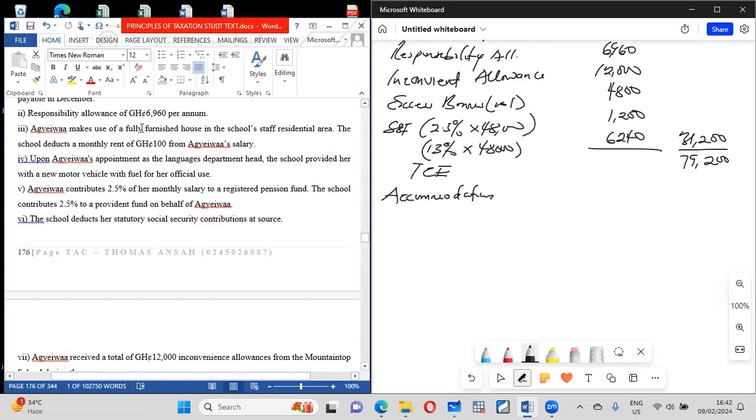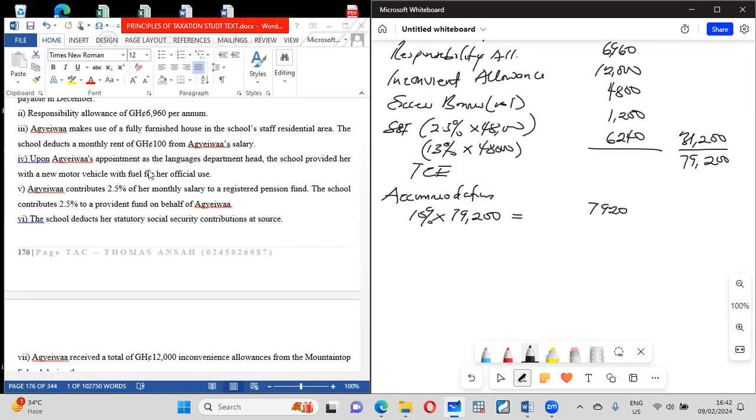Fully furnished bungalow, what is the rate? Your guess is as good as mine. It's 10% of the total cash emolument. So you see, in these exams, you have to be very, very careful, because if you get this wrong, everything you'll be doing as well will be wrong. So this gives me 7,920.